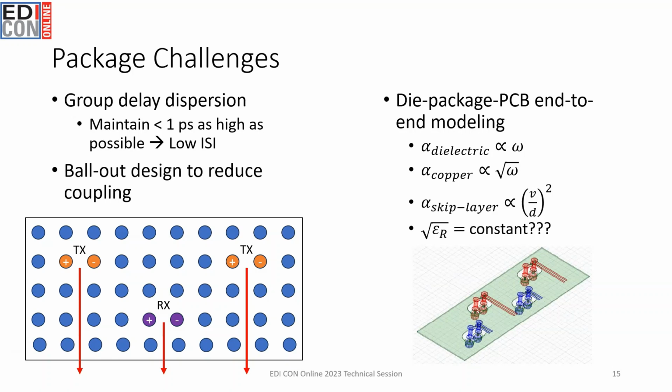So we have the skip layer routing losses, which are proportional to 1/D, where D is the distance between the internal traces and the upper and lower planes. Then, of course, dielectric and copper losses are proportional to frequency and the square root of frequency, respectively. And then we have the issue that I mentioned earlier with dielectric constant. Is it really a constant? I think we all know that it isn't actually a constant, and then that needs to be included in these die package PCB models.